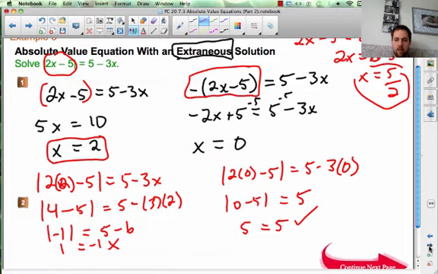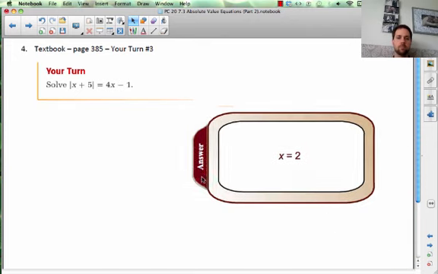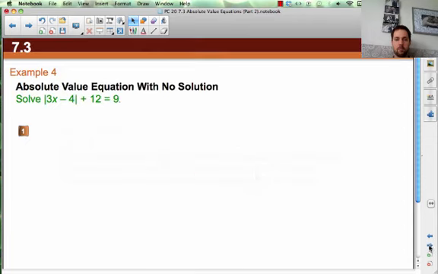Awesome. Everything's good. So here's another your turn. Go ahead and give it a try. There you go. X should be 2. If you found another solution to it, it's probably an extraneous solution that doesn't actually work or fit in the proper domain.